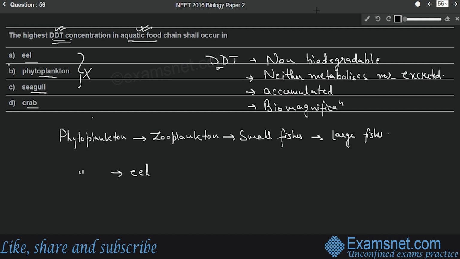So the amount of DDT will increase from phytoplankton to eel, and then eel will be consumed by crab. So again the amount will increase, and finally crab will be consumed by seagull. That means seagull will have the highest amount of DDT. So the correct answer will be option number C, seagull.